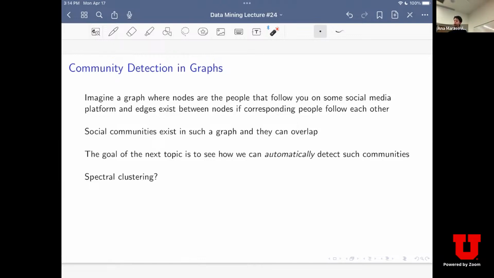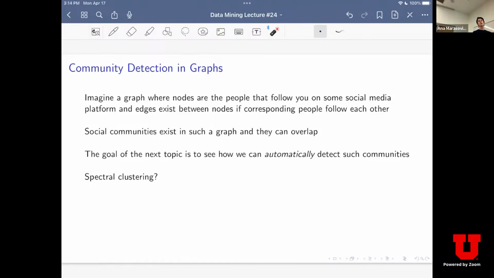We can make a graph where we take only people that follow you. These are our nodes in the graph. And we have a link between nodes if those followers of yours are actually following each other, maybe if at least one of them is following the other. So that could be a graph. And in this graph, we might find some communities.